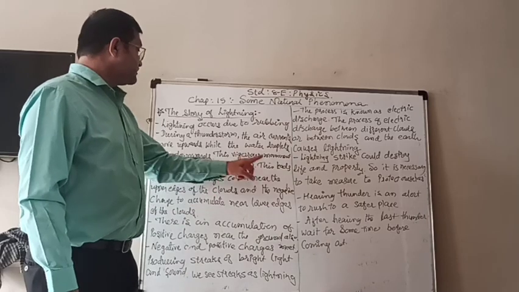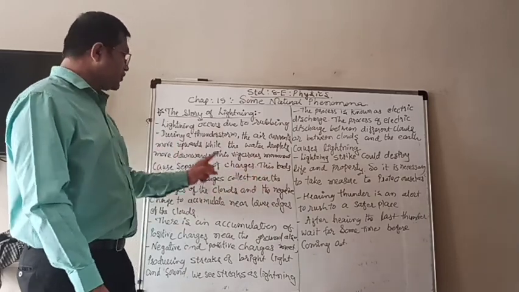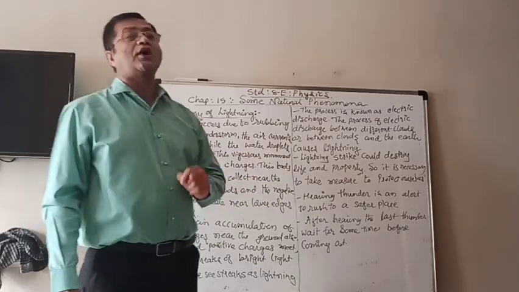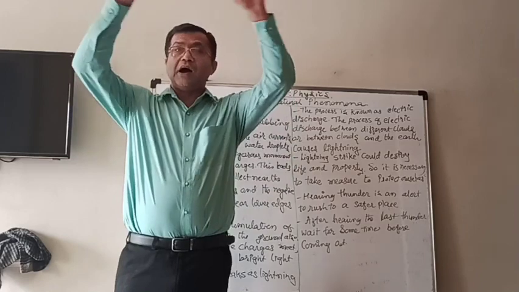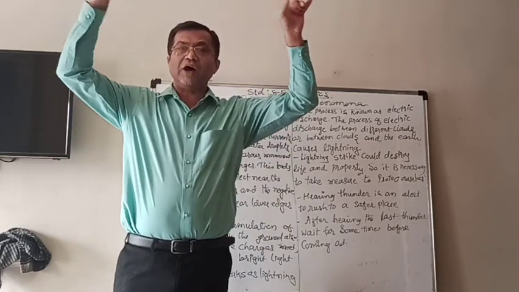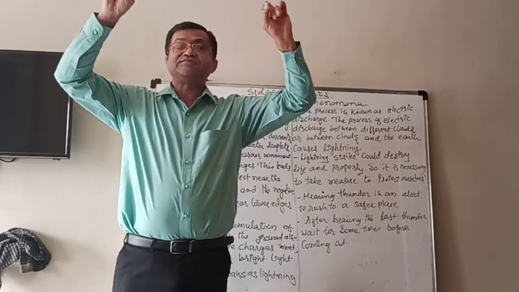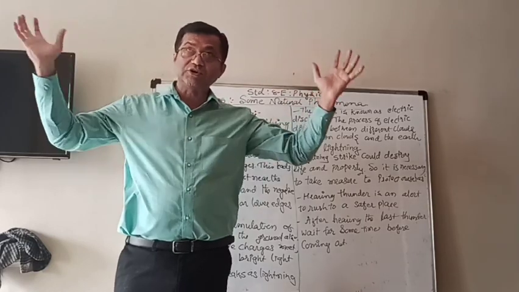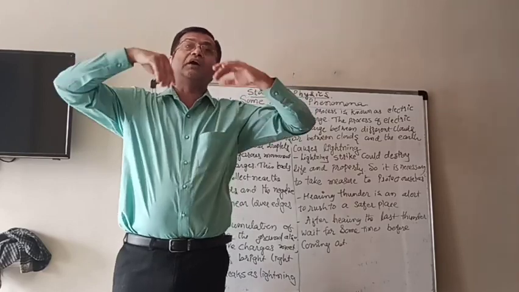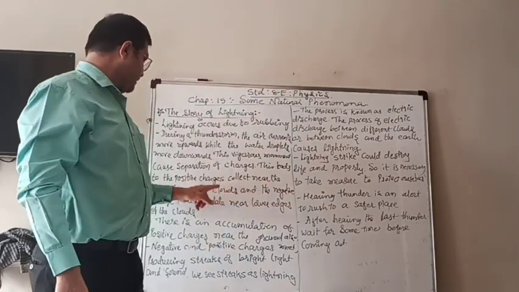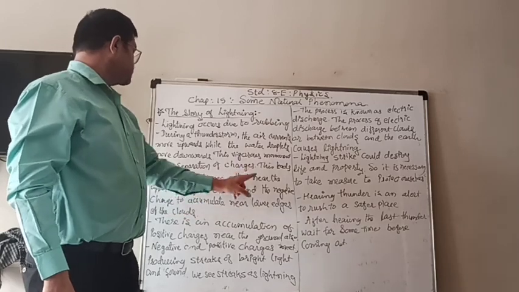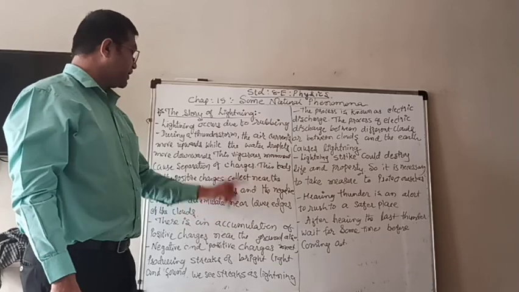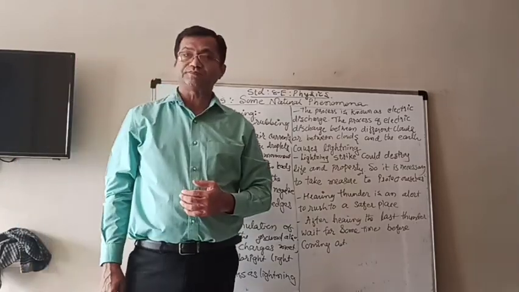What happens then? The positive charges collect near the upper edges of the clouds. They accumulate on the upper edge, while the negative charges accumulate near the lower edges of the clouds.